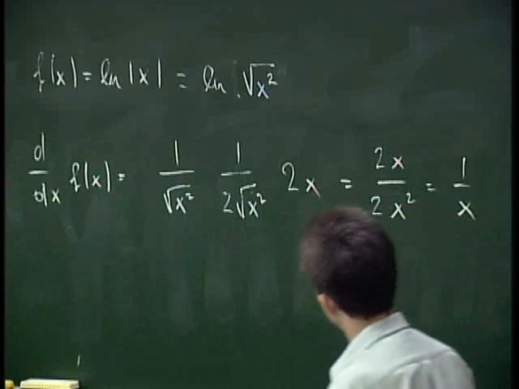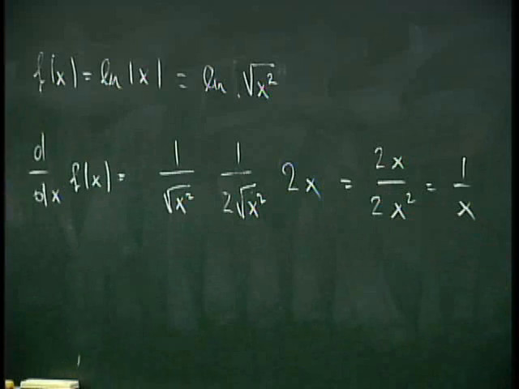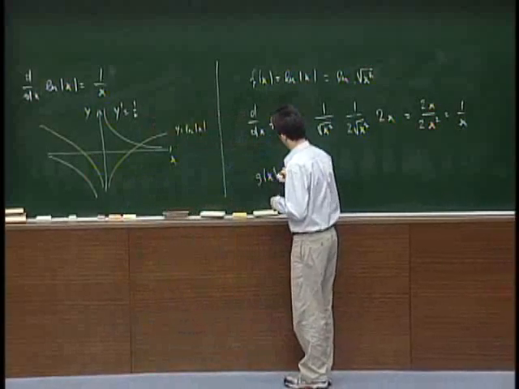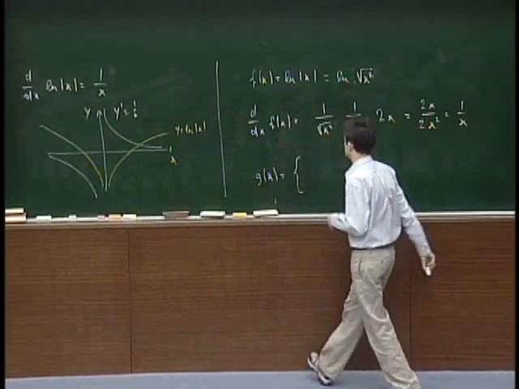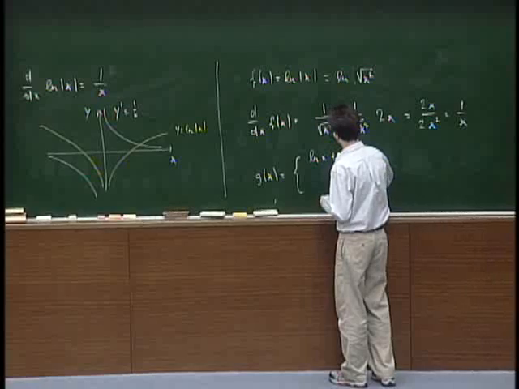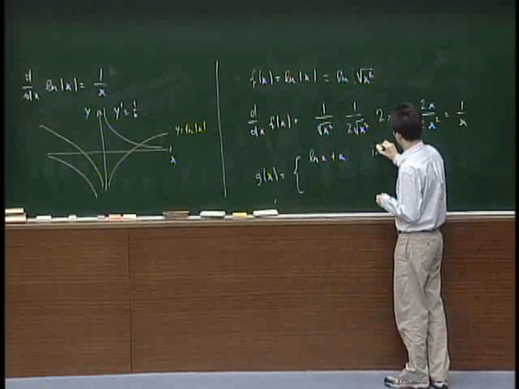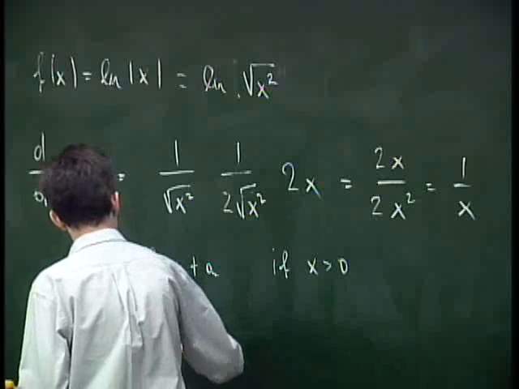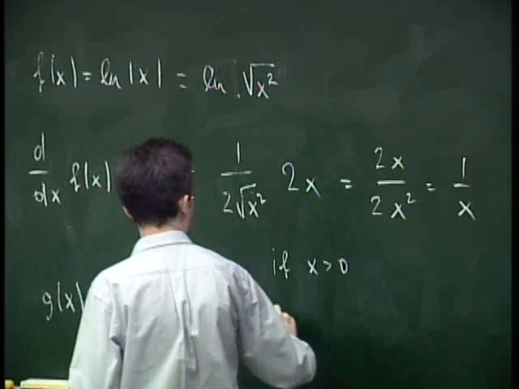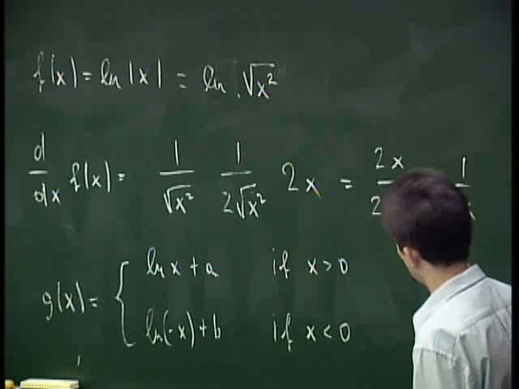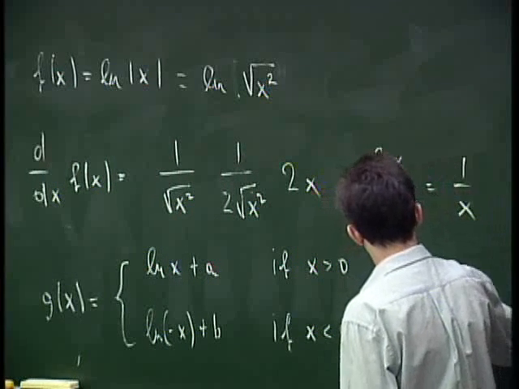If you slightly vary this function, namely you define it as ln x plus some a if x is larger than 0, and ln of minus x plus some b if x is smaller than 0, then of course you get the same derivative.